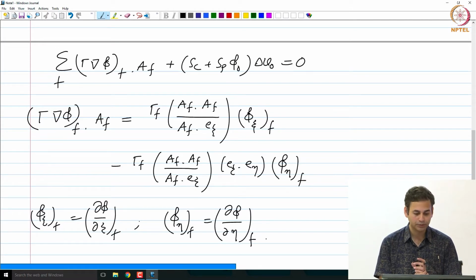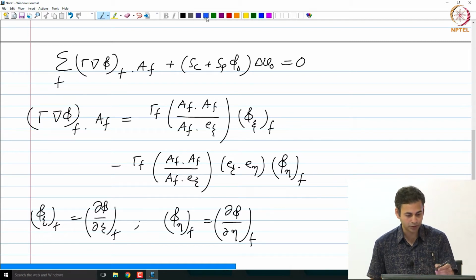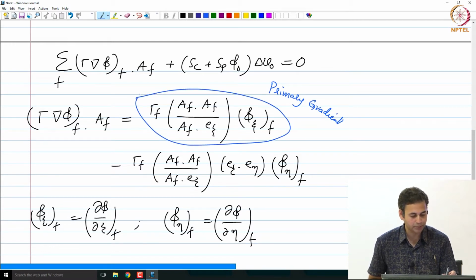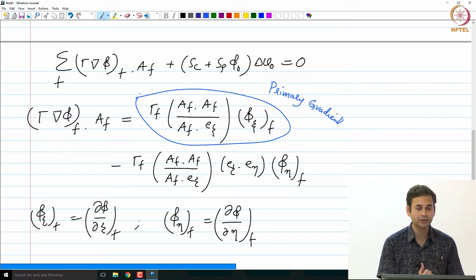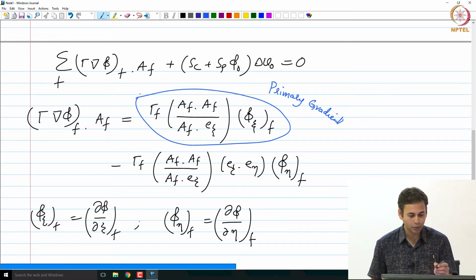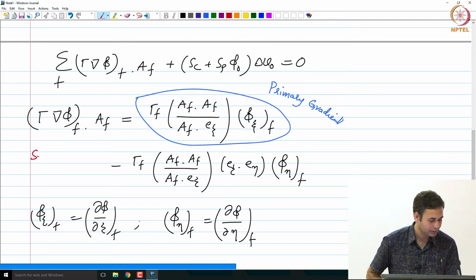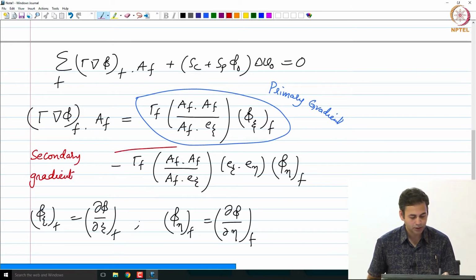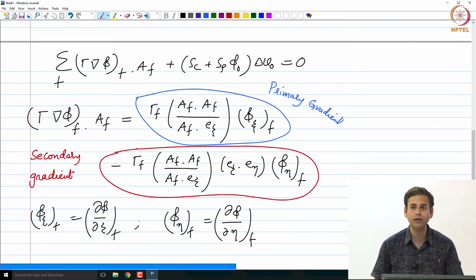This is a consequence of the non-orthogonality of the mesh. So we call the first term the primary gradient, which is in the direction of xi, and the other one the secondary gradient. This is everything that is not in the direction of xi.